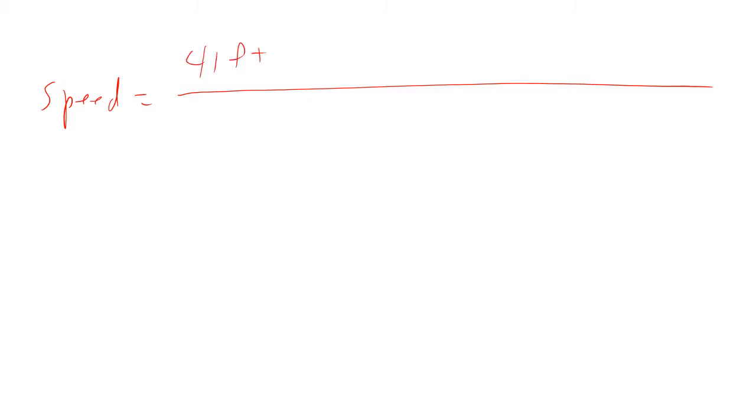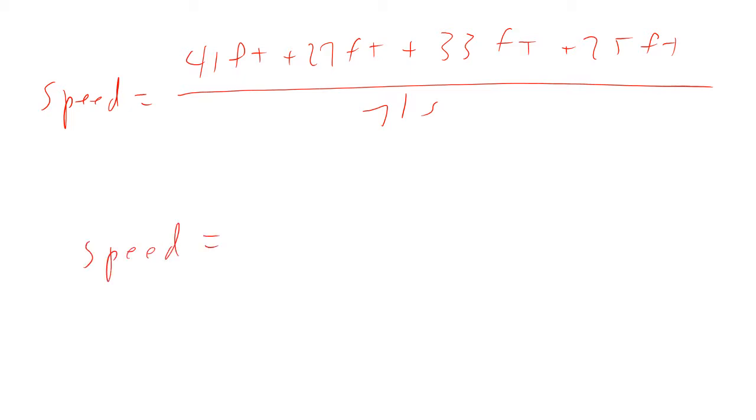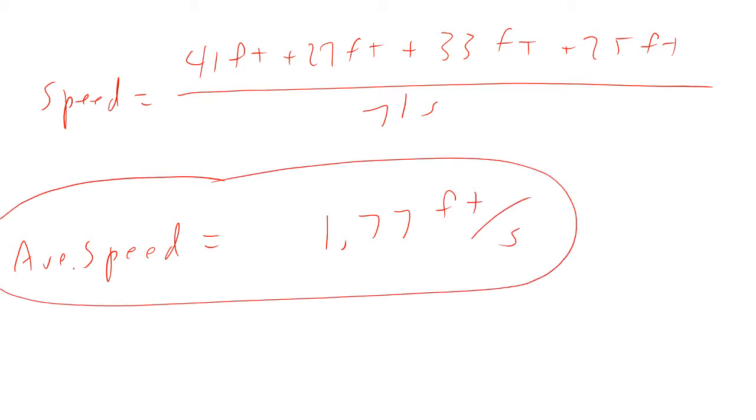So for our problem, the distance traveled was going to be 41 feet plus 27 feet plus 33 feet plus 25 feet, divided by 71 seconds. So this is the average speed. The average speed would be 1.77 feet per second. Okay, so that's how you would find the average speed.